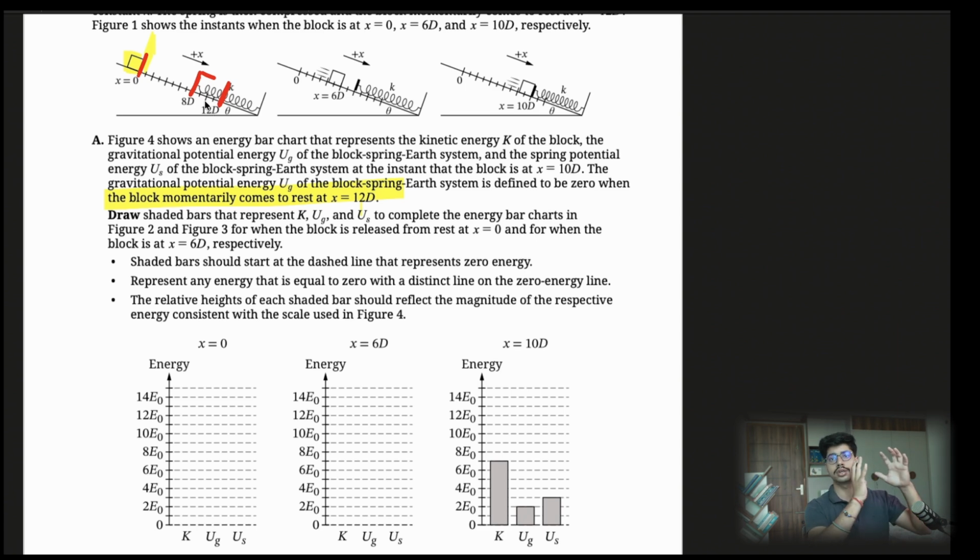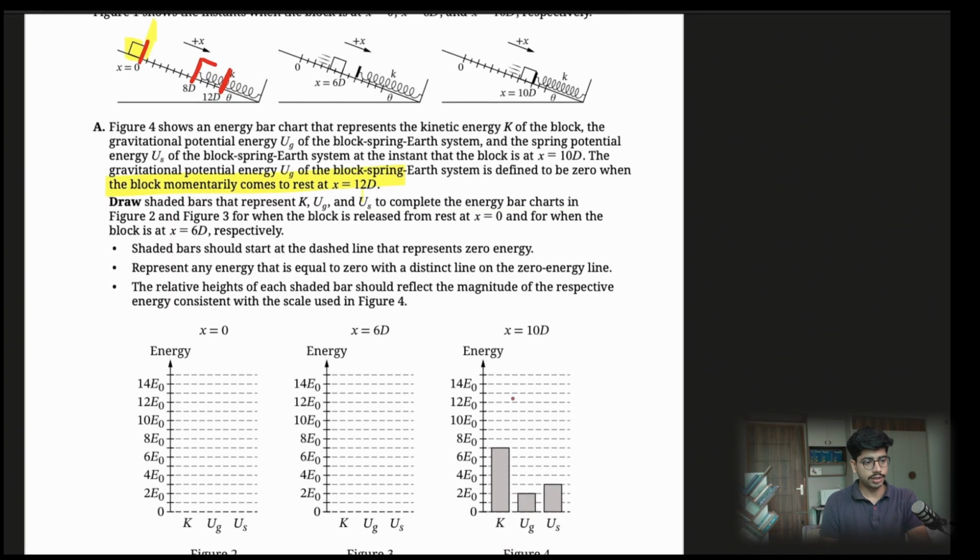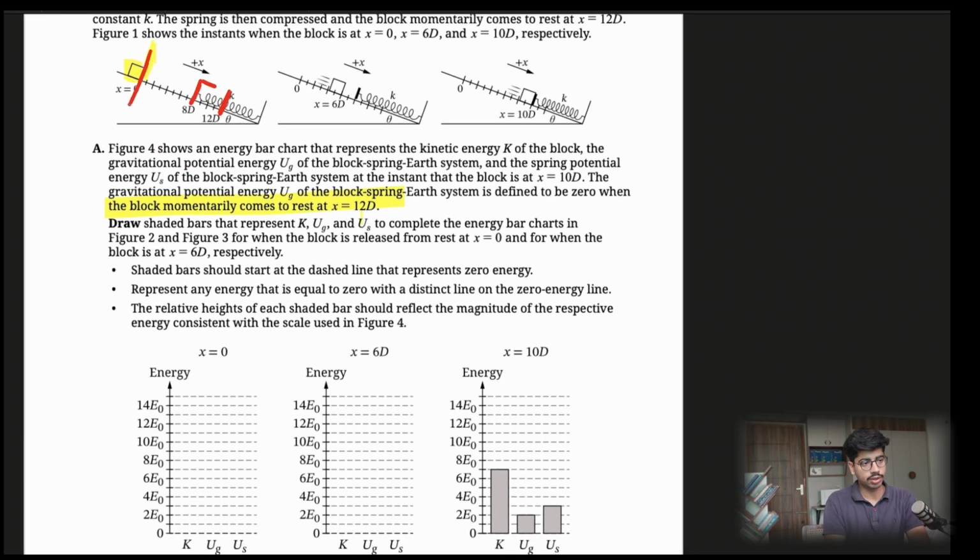The total energy that the system has initially remains the same at every point, a constant quantity. So initially you have the gravitational potential energy, which converts to spring potential energy at this point, but in between you have some kinetic energy also.